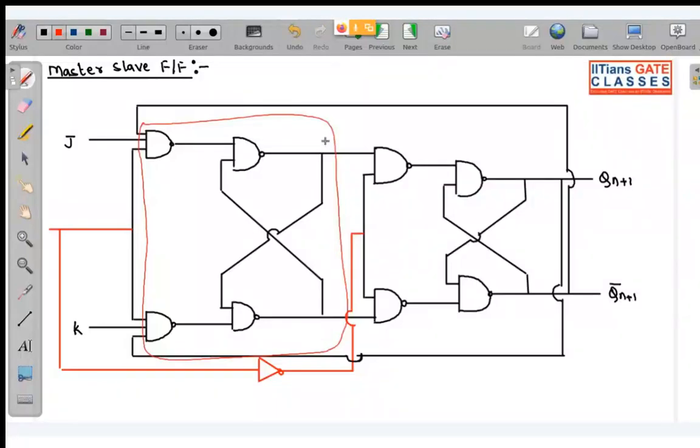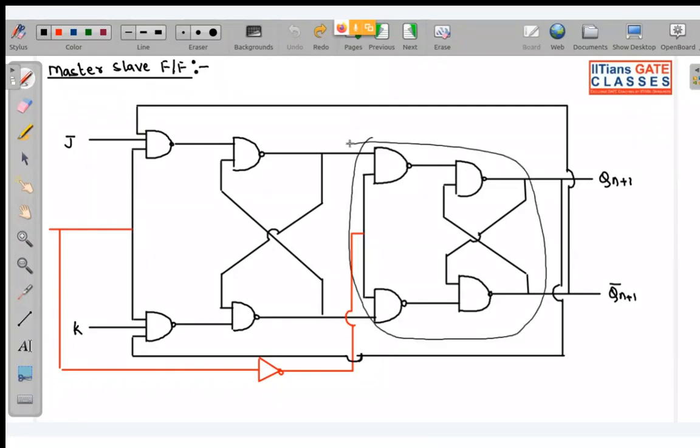This was actually the JK flip-flop. If we had connected this feedback path over here and this feedback path over here, we would get the JK flip-flop. What we did actually was remove those and connect one set reset latch over here. You can see this combination is your SR flip flop.